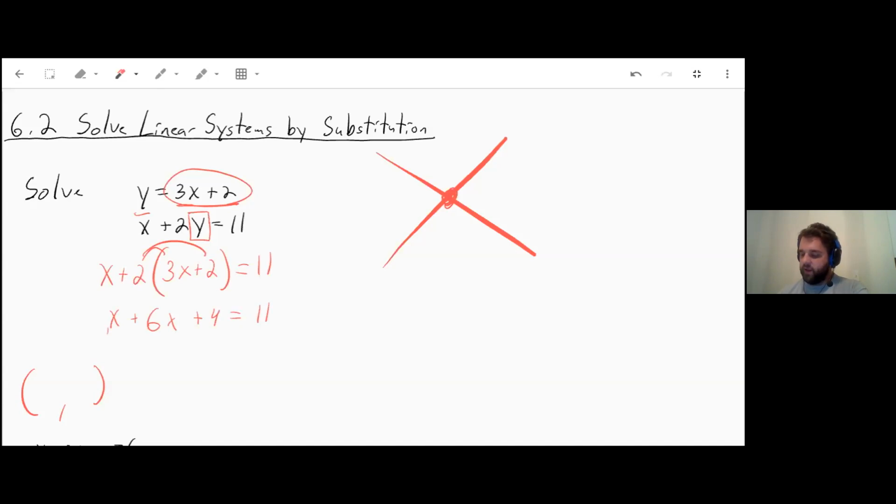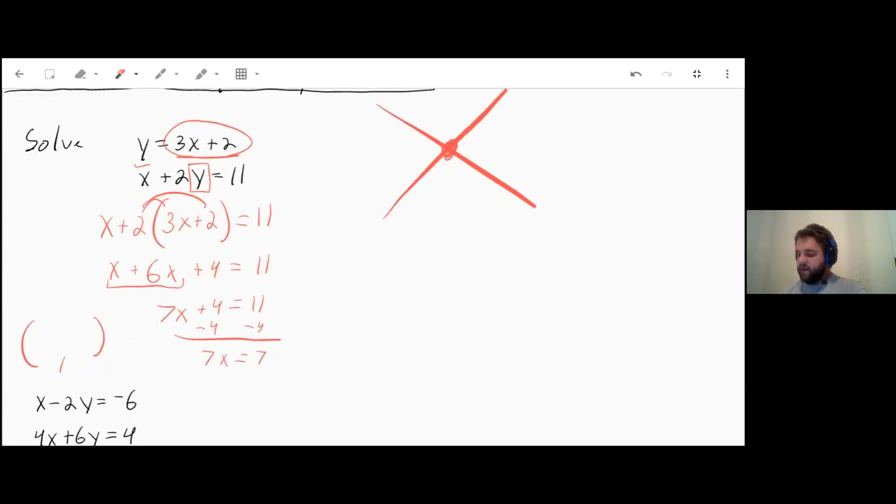Now you can combine your like terms, so x plus 6x will get us 7x plus 4 equals 11. We can subtract 4 from both sides, which will get us 7x equals 7. And now to get x by itself, we just have to divide both sides by 7. And when we do that, we'll be left with x equals 1. So our final answer, x should be 1.